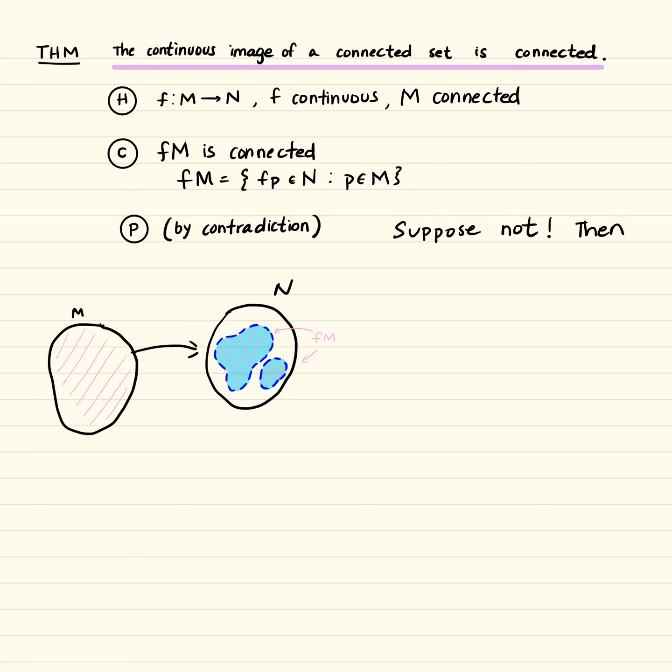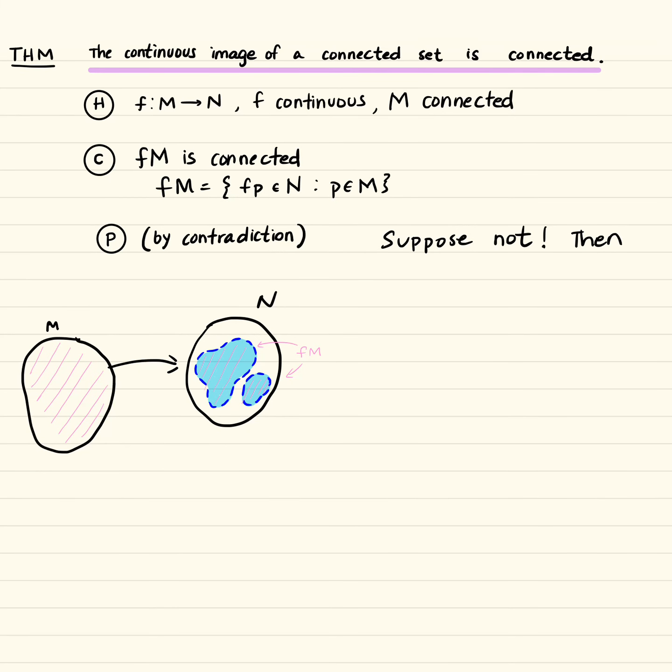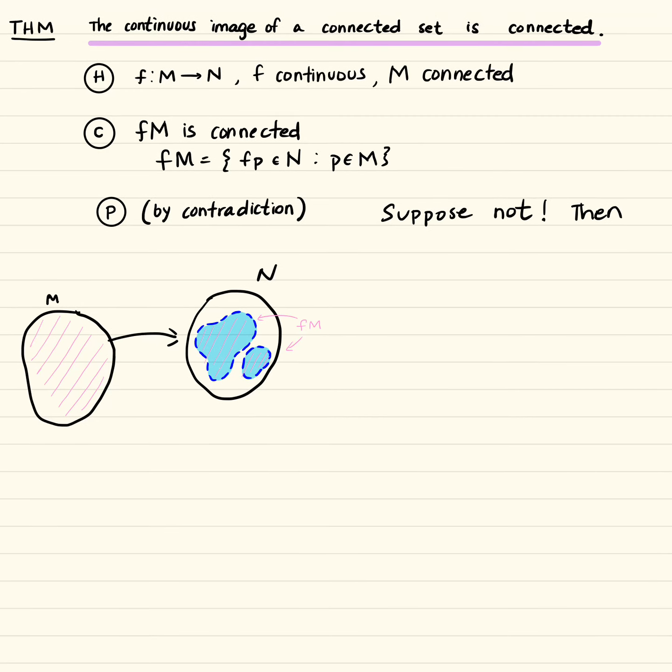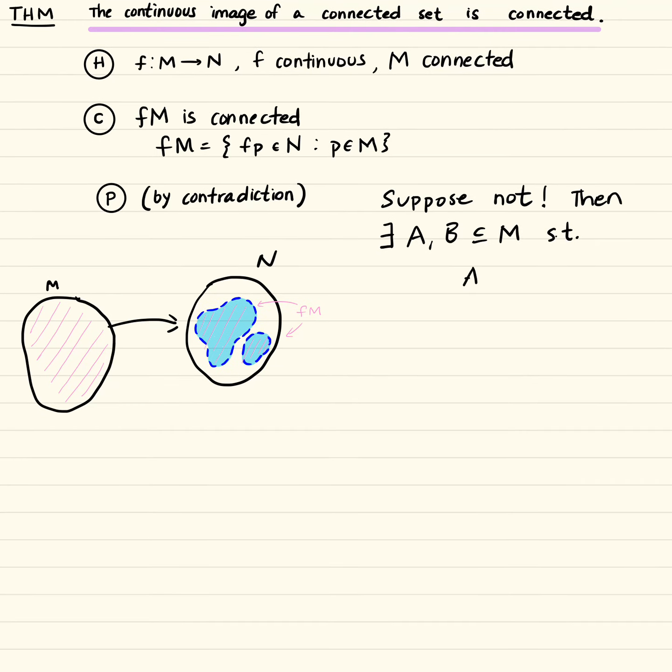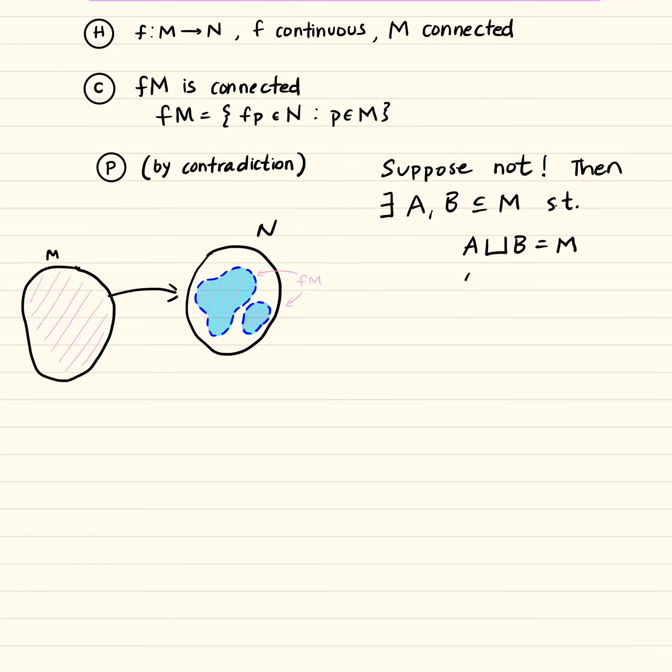So we'll say suppose not, then there exist A and B subsets of M such that A and B are disjoint, their union is equal to M, and A and B are proper subsets.